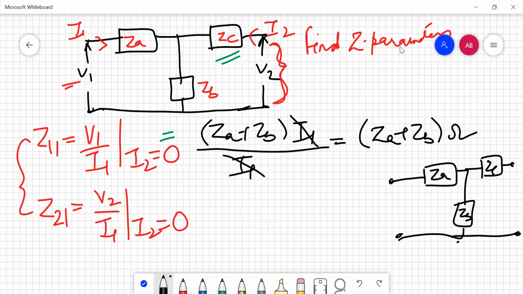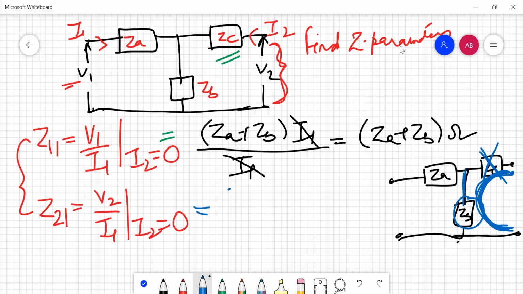What we did was, you go from this terminal, move your pencil to this, and whatever resistances come in between, the voltage drop across them gives you the value of V Thevenin. Sorry, I was talking about V Thevenin, just skip to Z Thevenin. The same thing we have to do here, because this resistance is not getting any current, so we will be neglecting it. We are left with only this impedance ZB.